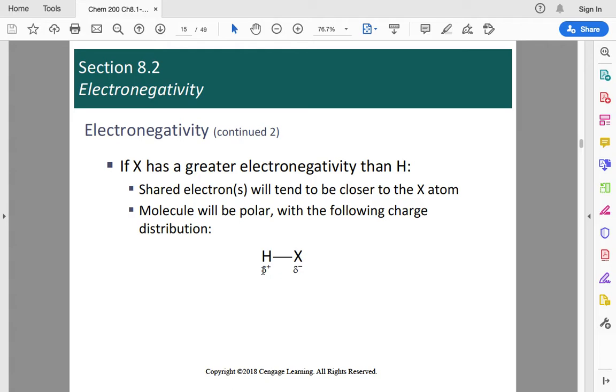This is not a cation. This is still a covalent bond. It just so happens that both electrons are hanging out on this end. So there's more negativeness concentrated on this side of the bond. And because all the electrons are hanging out down here, this side of the bond is slightly positive. So slightly positive, slightly negative. Not anion, not cation.